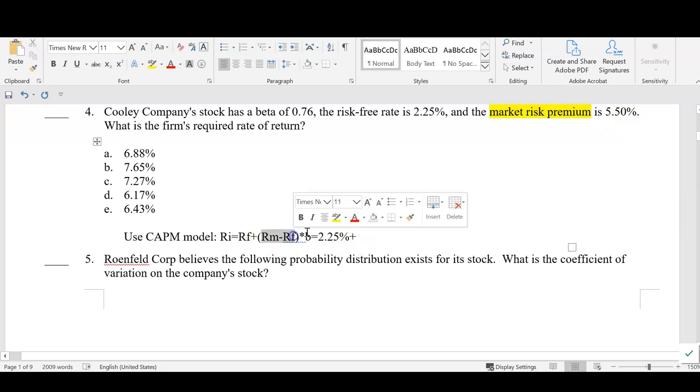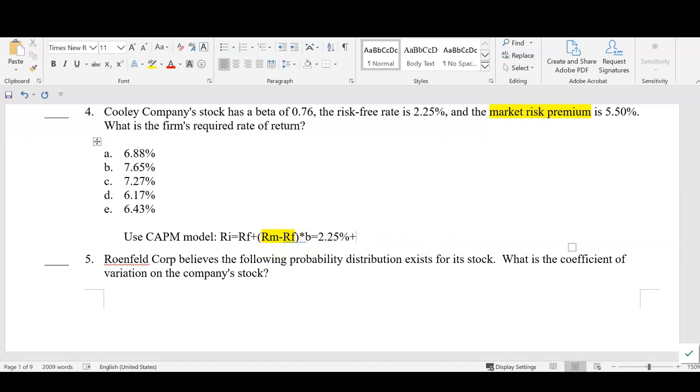Note that here, market risk premium refers to market return minus risk-free rate. So we only need to use 5.5%, the market risk premium, multiplied by beta, 0.76. We don't have to subtract the risk-free rate anymore. If the question gives us market return, then RM is the market return. But here we have market risk premium, so it refers to the whole thing in the bracket, RM minus RF.